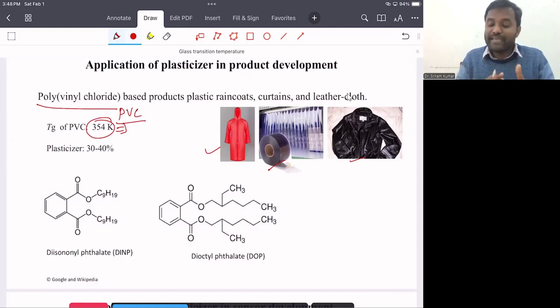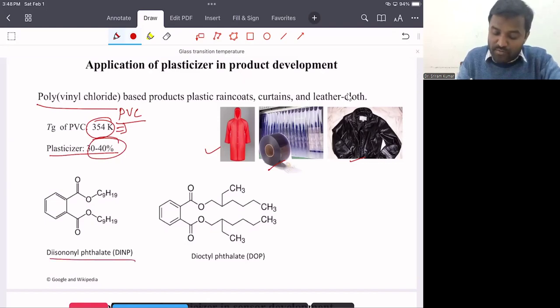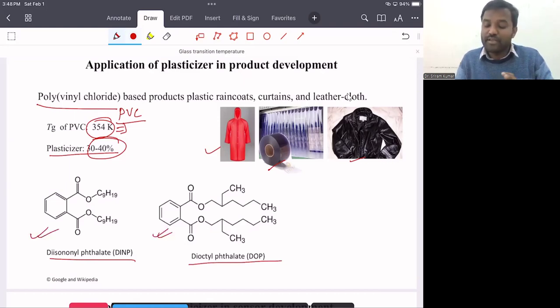So if you want to make a very flexible, soft material of that PVC, we need to add plasticizer from 32 to 40%. These are the well-known plasticizers, diisononyl phthalate, DINP, and the other is dioctyl phthalate. These plasticizers are commonly used on industrial scales to make flexible material of PVC.